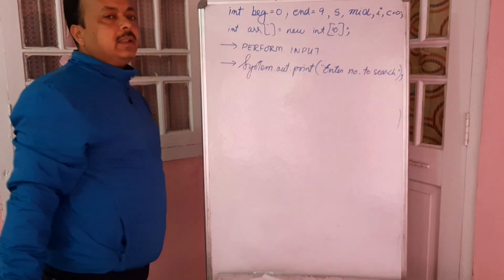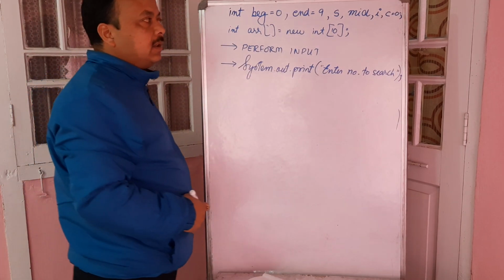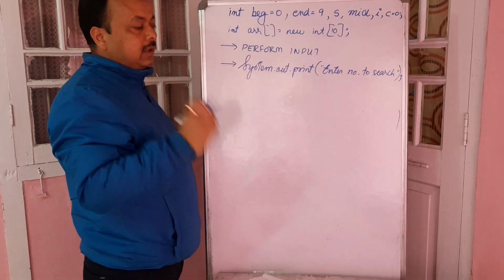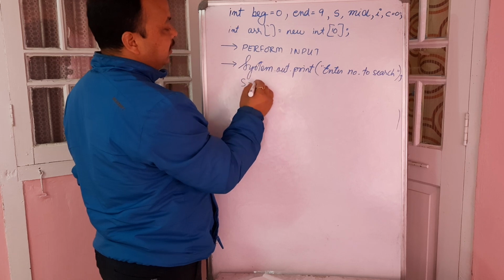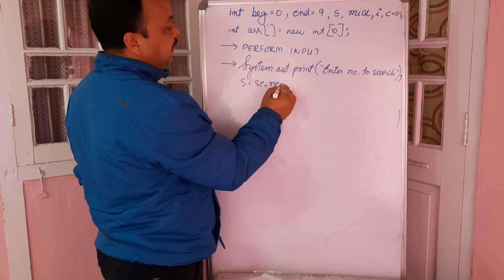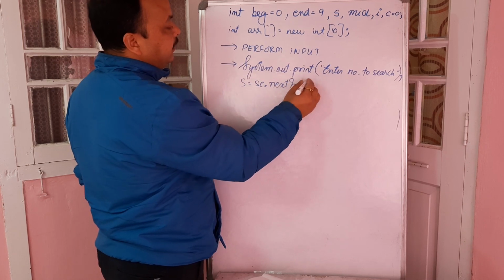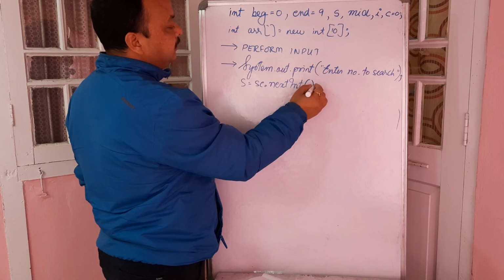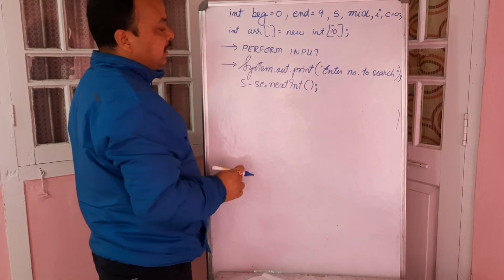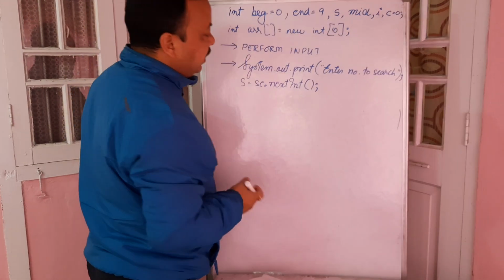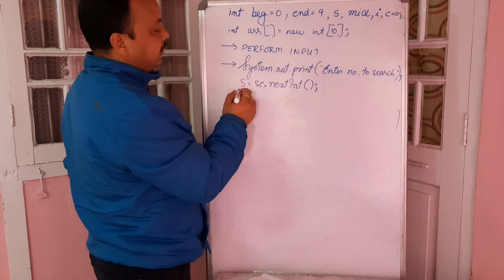If our C remains 0, that means our search was not successful, just like a counter variable. Now we ask S is equal to sc.nextInt. In my previous video I mentioned that I will be using the Scanner class to perform the input. There is an alternate way you can also perform the input.